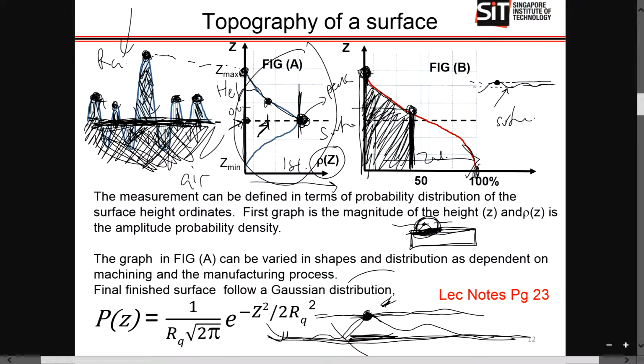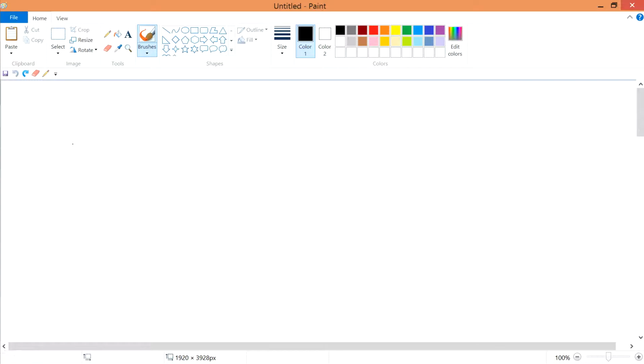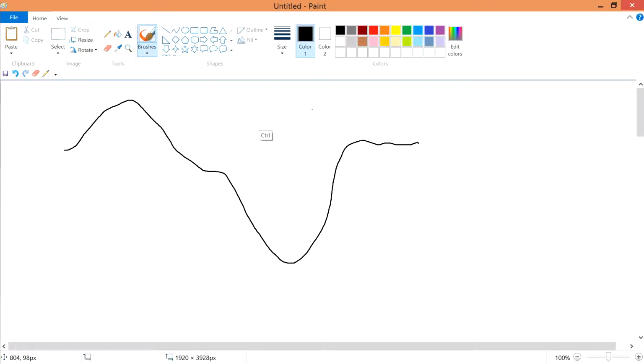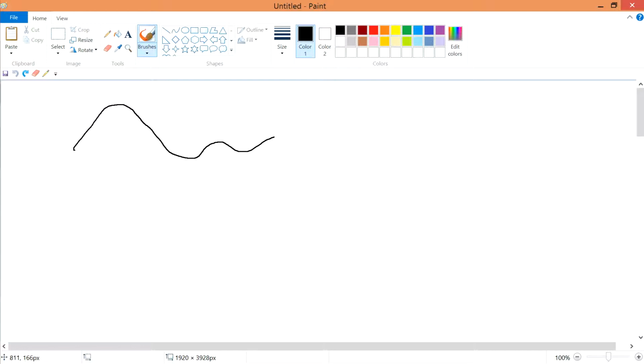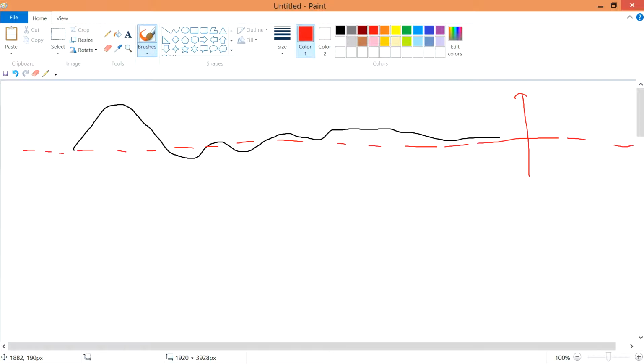So at some depth, maybe you can say the lowest point. For example, if I have a material like this, this is a surface. This is the so-called center line, and in this graph the x-axis is the probability, the y-axis is the amount of materials.